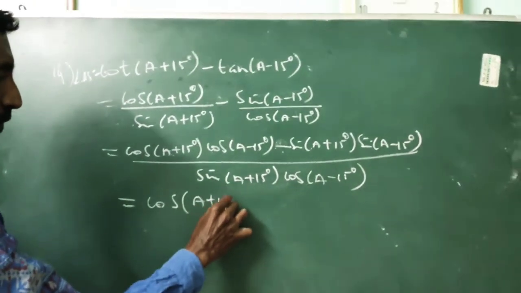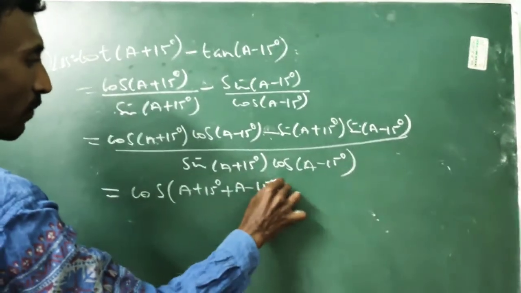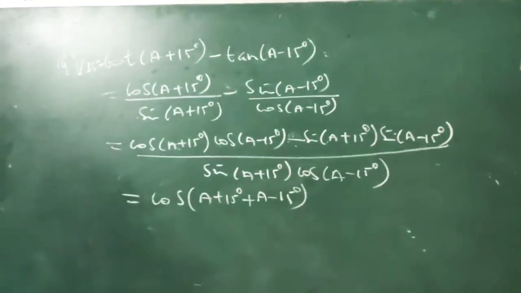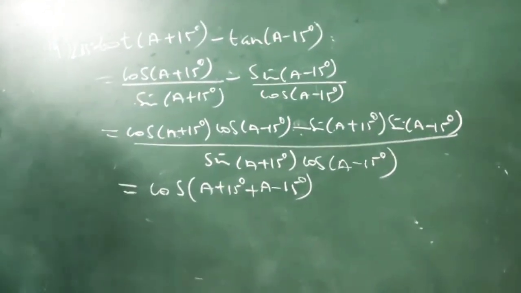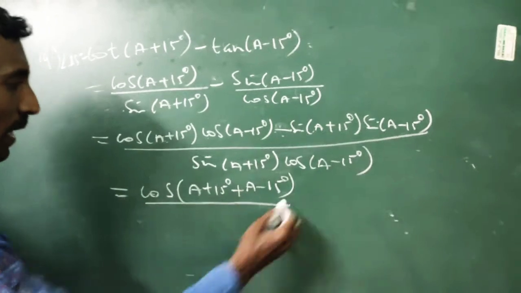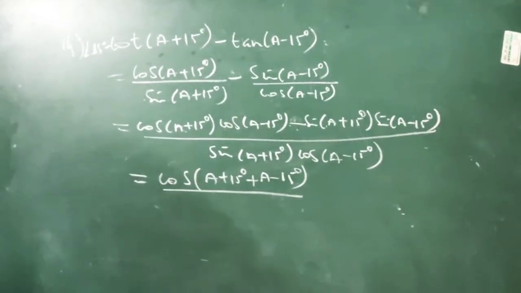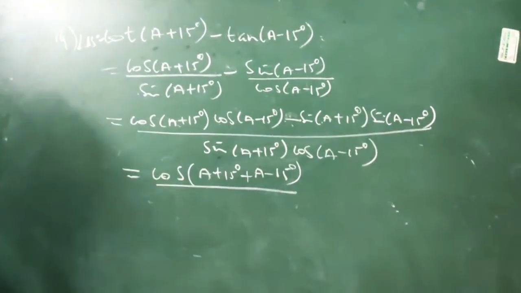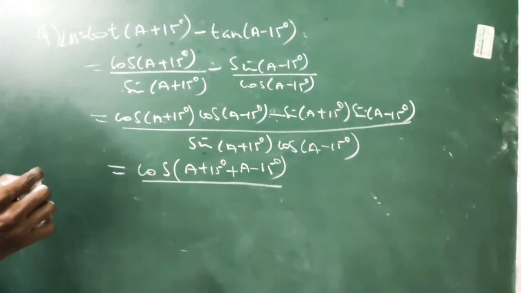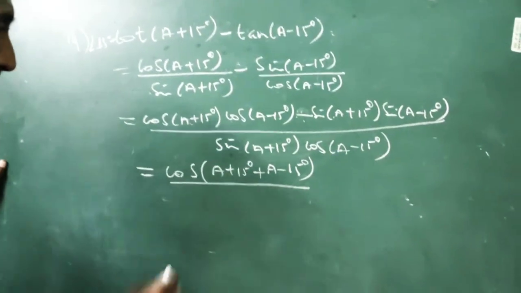So (a plus 15) plus (a minus 15), cos(A plus B) whole, divided by, so look at the denominator, it is of the form sin A cos B. Sin A cos B is 1 by 2 into sin(A plus B) plus sin(A minus B).